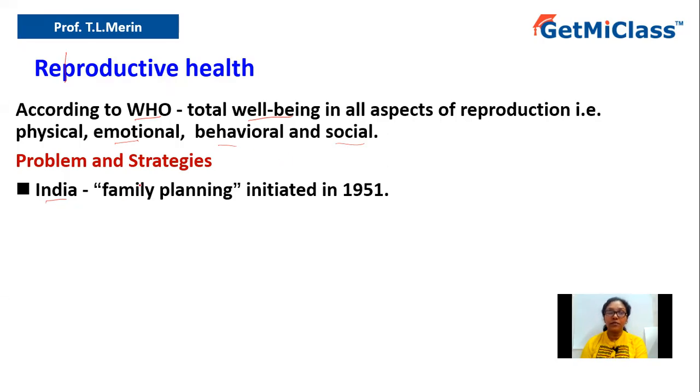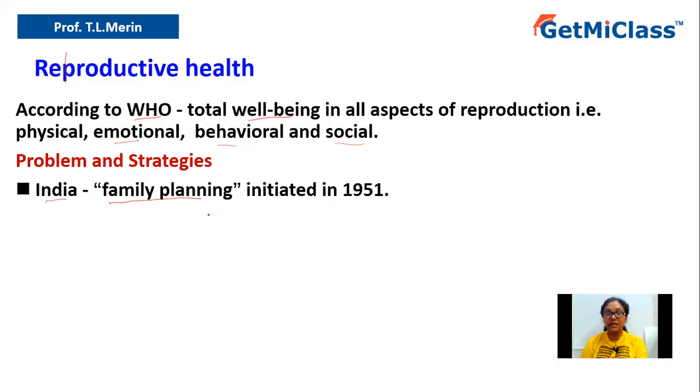Okay. So some of the important strategies, where population has been increasing day by day, to check it, there are certain strategies which have been accepted, or which have been followed. Like India was the first country among many of the countries in the world to start something called family planning, because we know that India is the second most populated country, right?